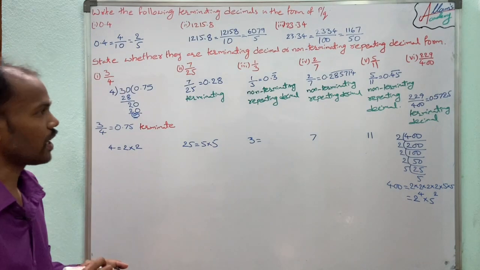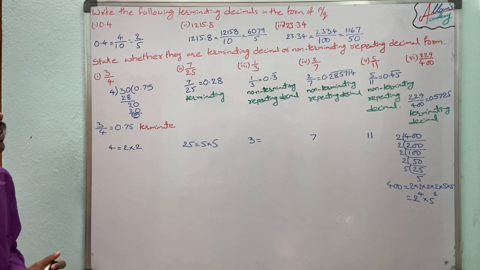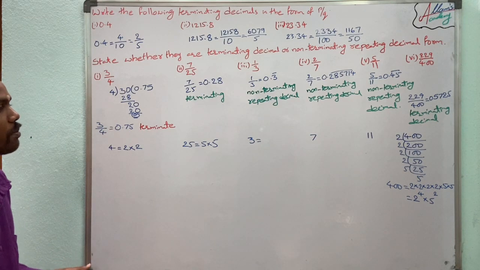Now here we observed when we get a terminating decimal and when we get a non-terminating repeating decimal.